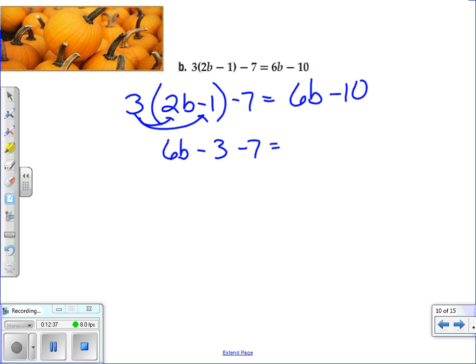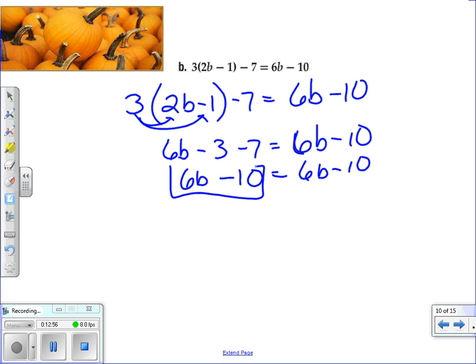Minus 7 equals 6b minus 10. Negative 3 and a negative 7 makes negative 10, so we have 6b minus 10 over here equals 6b minus 10 over here. We have an identity equation, and our answer is that every number we put in for b works.